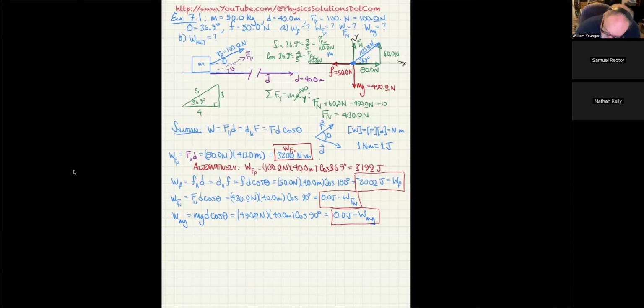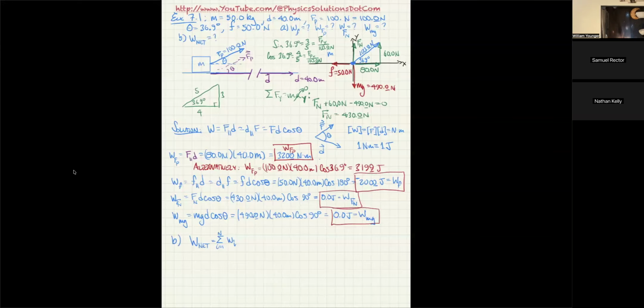I now need to explain to you what work net is. I said part B. Why did I say that? That was all that was required of you for part A. Part B is calculate the work net. And there's a couple different ways you can define work net. You can say work net is equal to the summation from i equals 1 to N of W sub i.